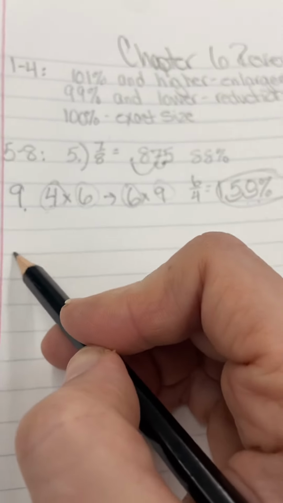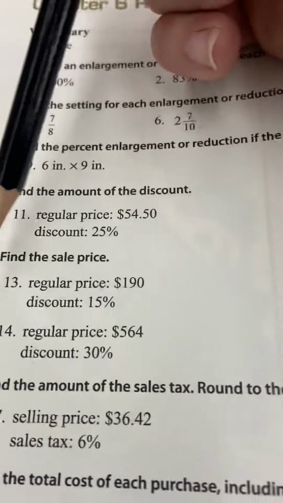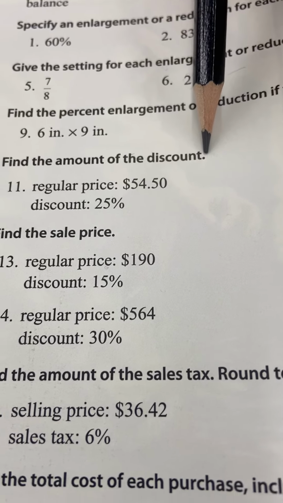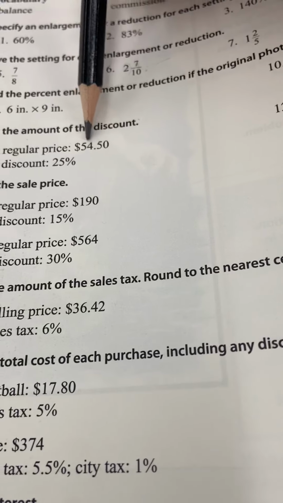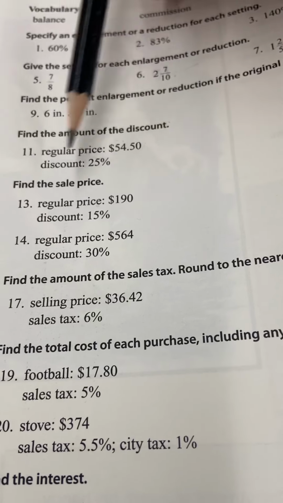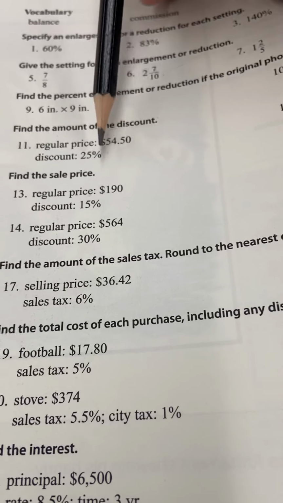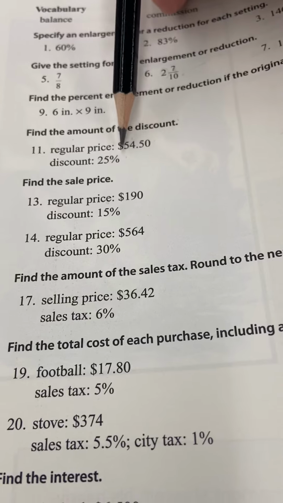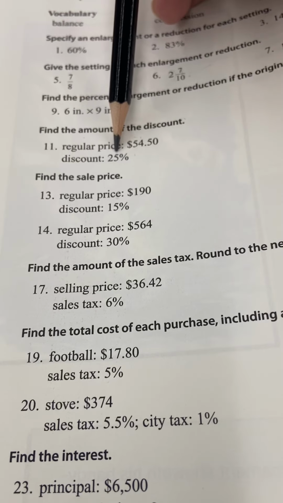Okay, so now let's go to find the amount of the discount. If the regular price is $54.50 and it's discounted 25%, I have to find how much money I get off. First I need to change this into decimal form.